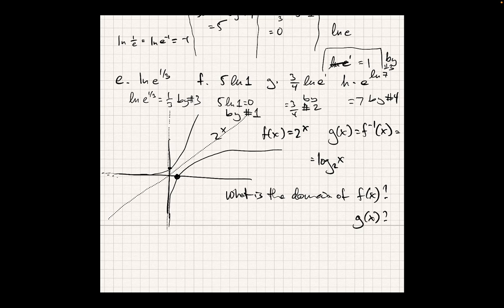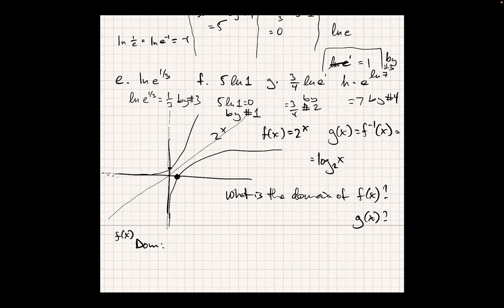Eric, what's the domain of f of x when f of x is 2 to the x? All real numbers. How do you want to write it? Eric, you tell me one way, and then Kira, you tell me a different way. Eric first.